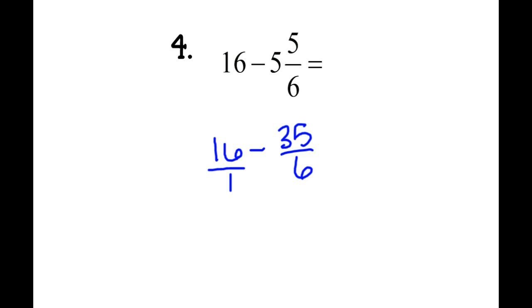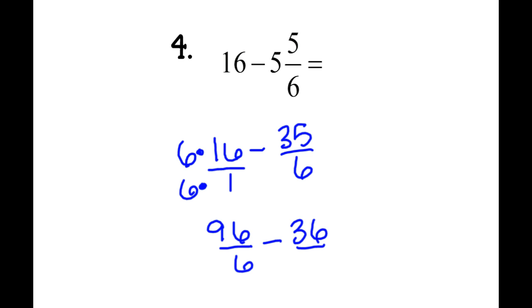And then I need to have a common denominator, which in this case would be 6. So I'm going to multiply my numerator and my denominator by 6. And I'm going to get 96 over 6 minus 35/6.